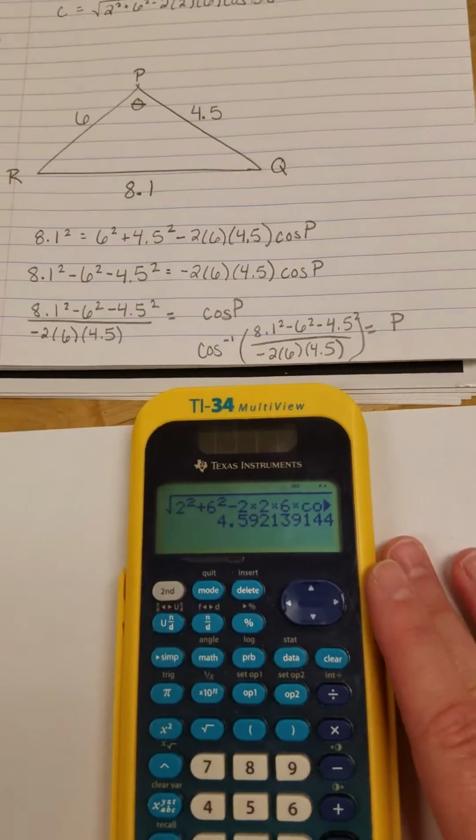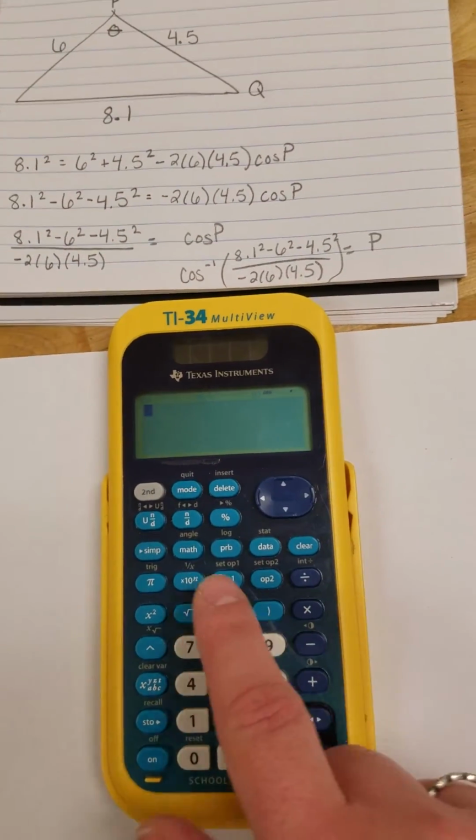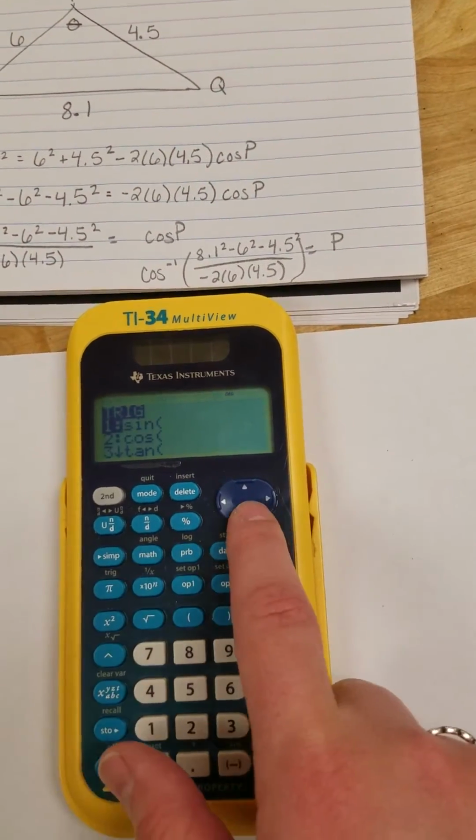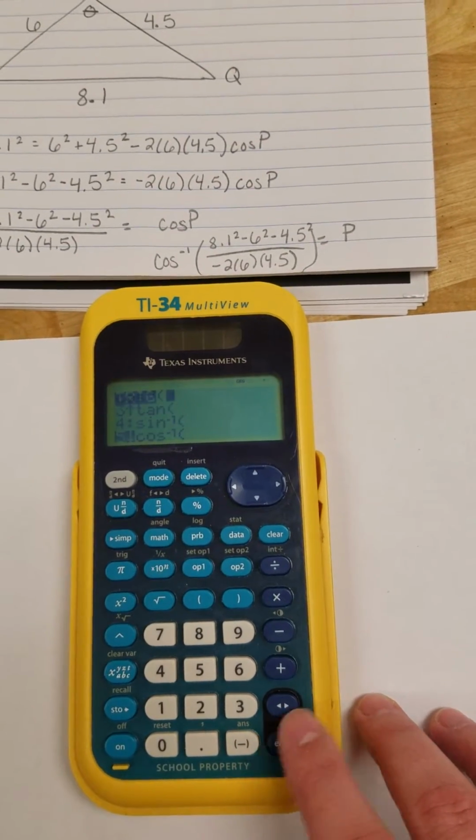So this, again, we can put all at once so we don't have to worry about any rounding errors. So we're going to do second pi to get to our trig functions. We're going to go all the way down to inverse cosine, which happens to be number 5.